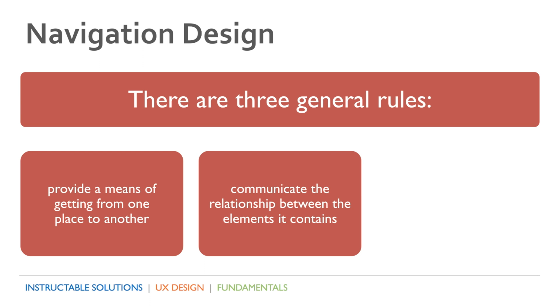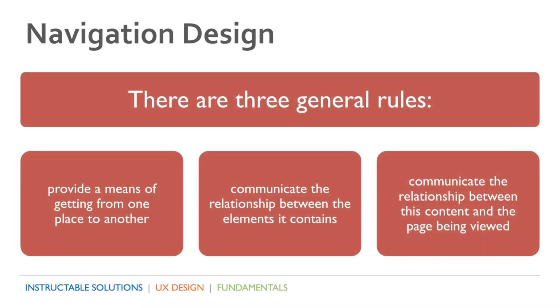The second of the 3 general rules is that navigation design needs to communicate the relationship between the elements it contains. So for every navigation structure, the elements contained within it need to be cohesive. There needs to be a relationship, a reason why they are grouped together.